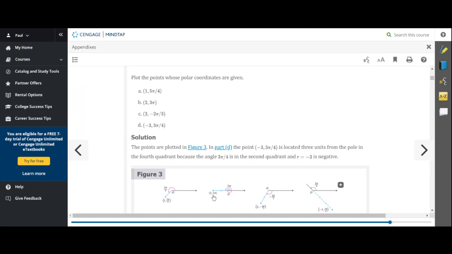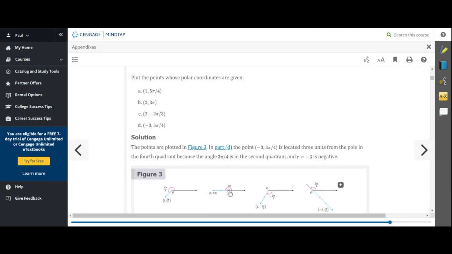All right, and then for the second one now, you have second polar coordinate is 2, 3 pi. So that means, well, pi is 180 degrees. So 3 pi is 540 degrees.